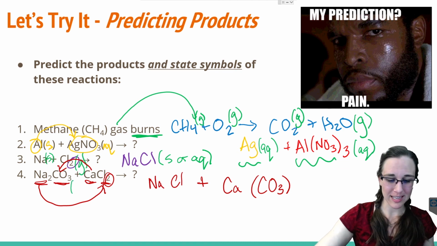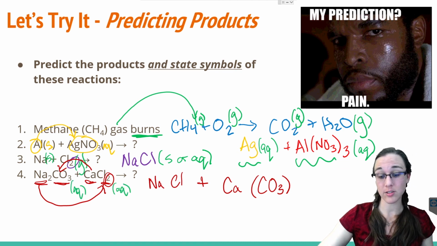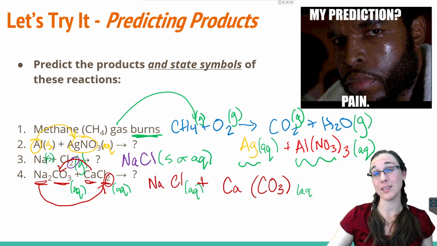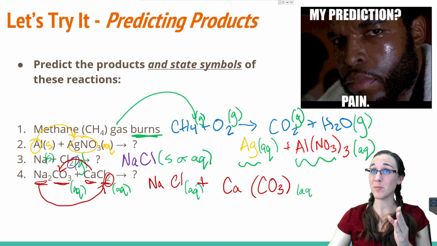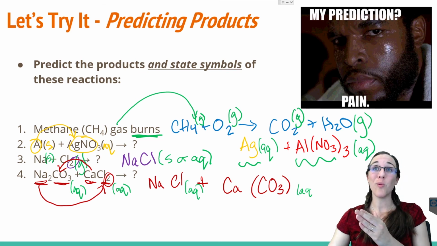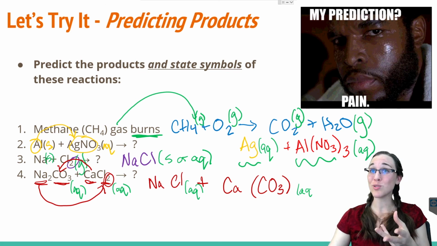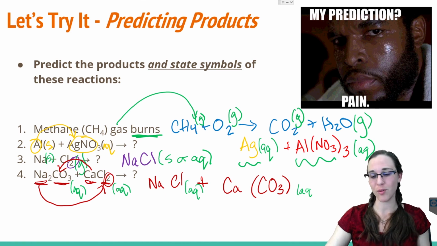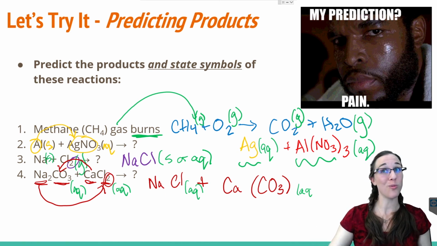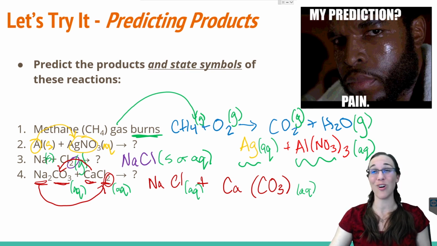So we're just going to say, okay, these are probably all in solution. They're all ionics, so we can assume that it's all going to end up being aqueous as well, until we learn our solubility rules later on, when we can determine if something will truly remain in solution or if it will crash out as a precipitate or as a solid. For now, don't worry about that. We're just going to say anytime there's ionics, we're pretending that they're all going to be aqueous.